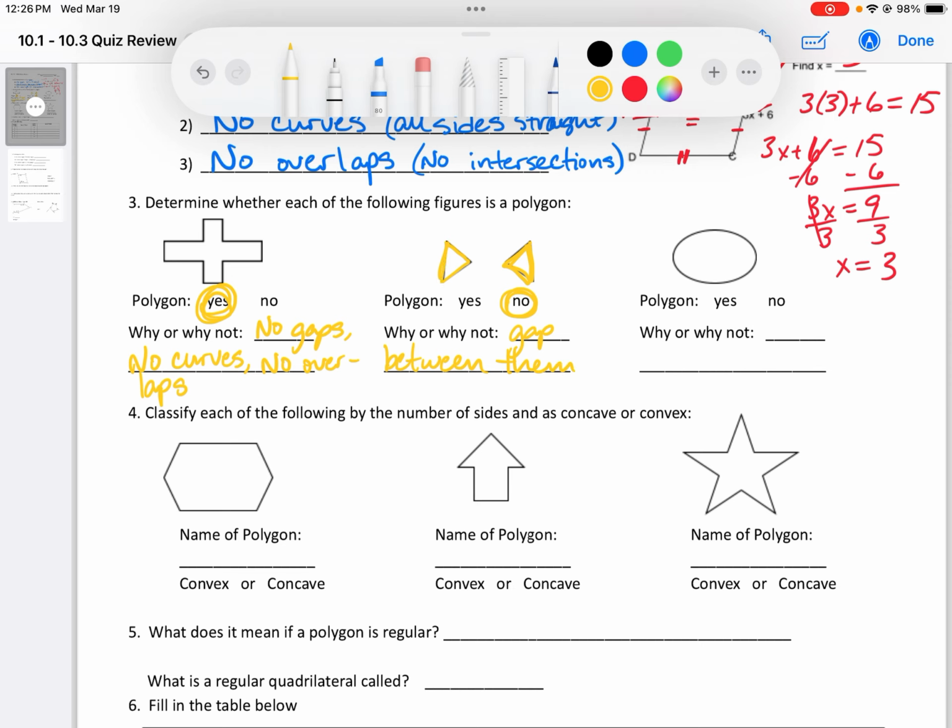If I was looking at just the left triangle or just the right triangle, yes, they are polygons. But when you look at them together, they have this big space in between. Lastly, is this oval a polygon? It's not, because you cannot have curves.